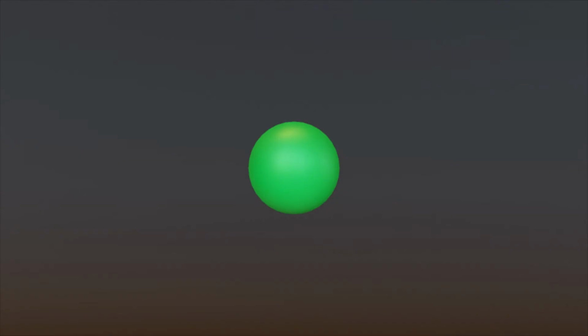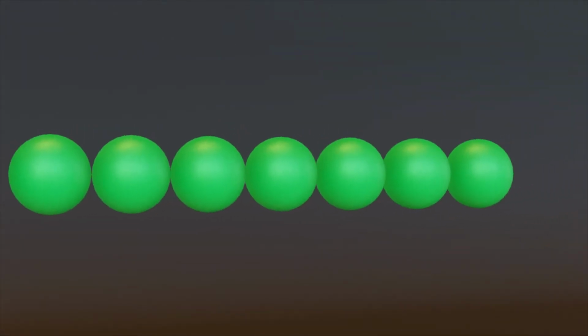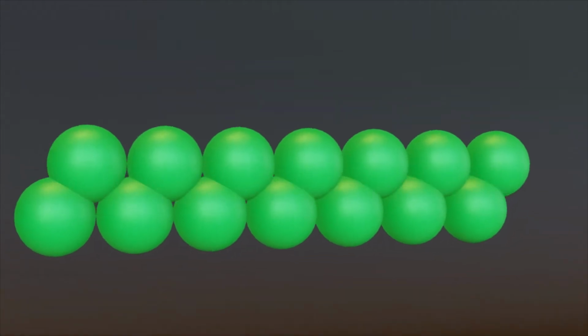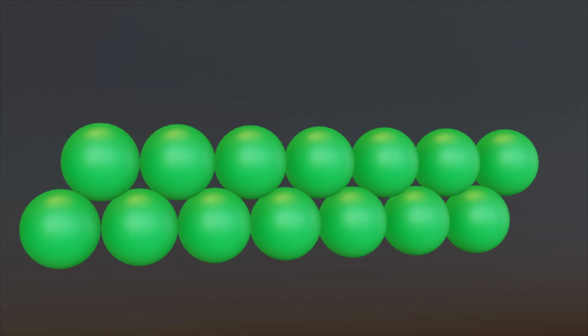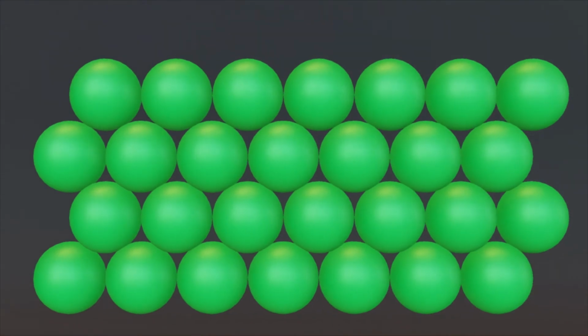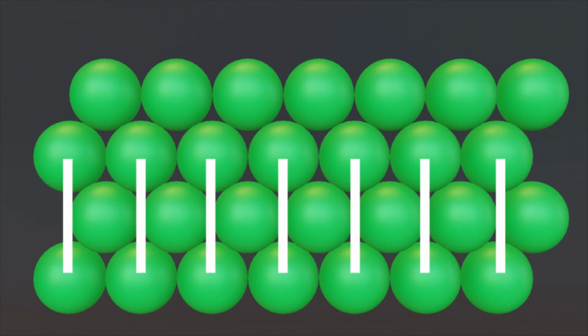The arrangement of spheres in the first row is called A-type, and the second row is different and is called B-type. The third row is placed adjacent to the second in staggered manner, and the spheres are aligned with those of the first layer, so it is A-type.